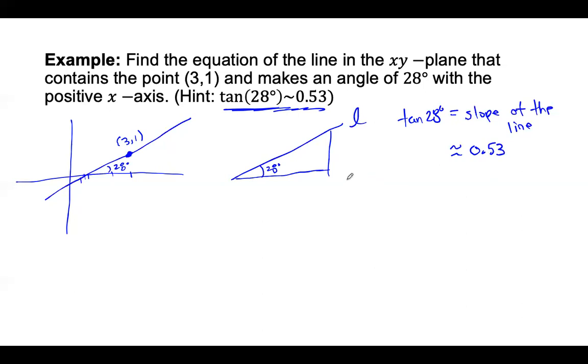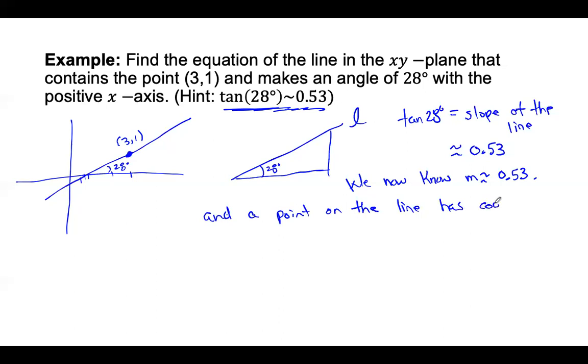So now we know the slope. The slope is approximately equal to 0.53. And we know a point on the line, with coordinates 3 and 1.